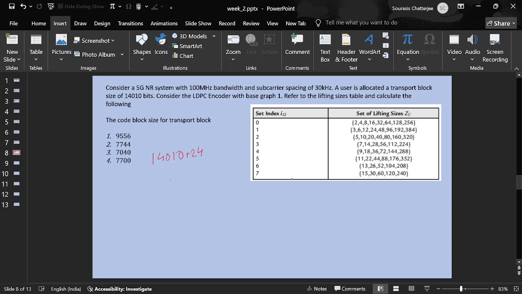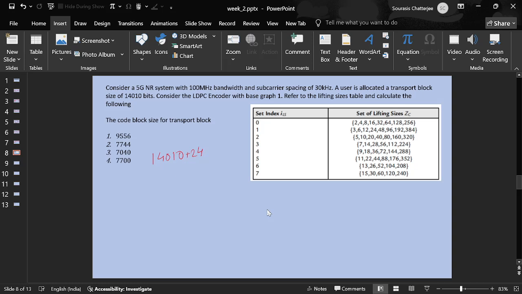TB plus CRC, I think that is what is partitioned. The entire TB and TB CRC is fragmented.